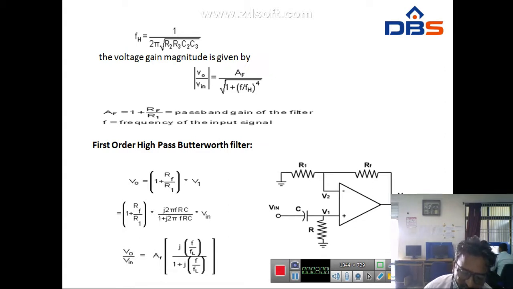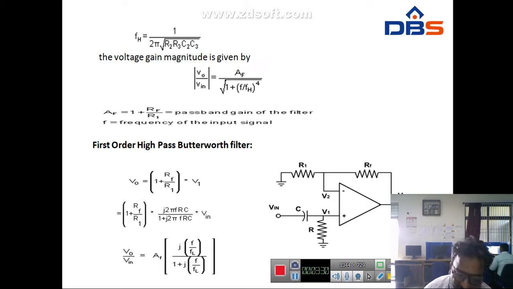All frequencies greater than FL act as the passband in the high pass filter, with the highest frequency determined by the closed loop bandwidth of the op amp. So the high pass filter and the low pass filter are the same circuits, except that the frequency determining components R and C are interchanged.